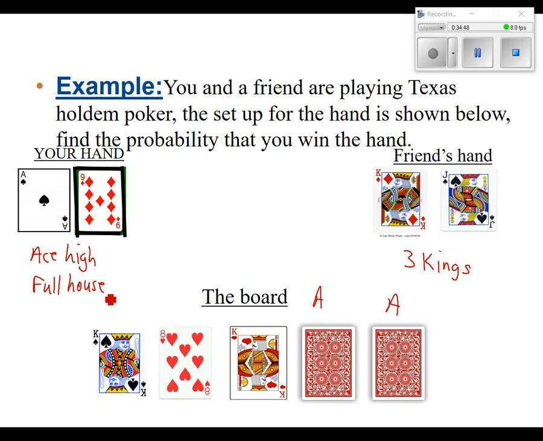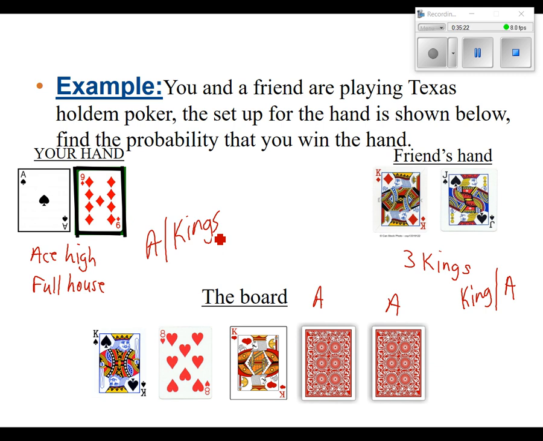He also has a full house, but if there are 2 aces up here, his will be kings and aces. Yours will be aces and kings. Yours will be the better hand, because you have 3 aces and 2 kings. He has 3 kings and 2 aces. But that's the only way you can win here.